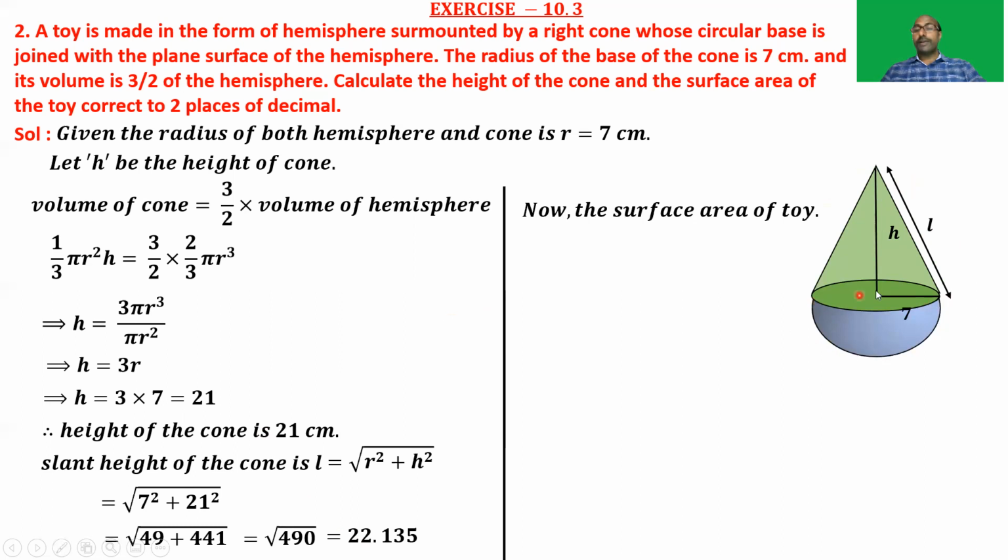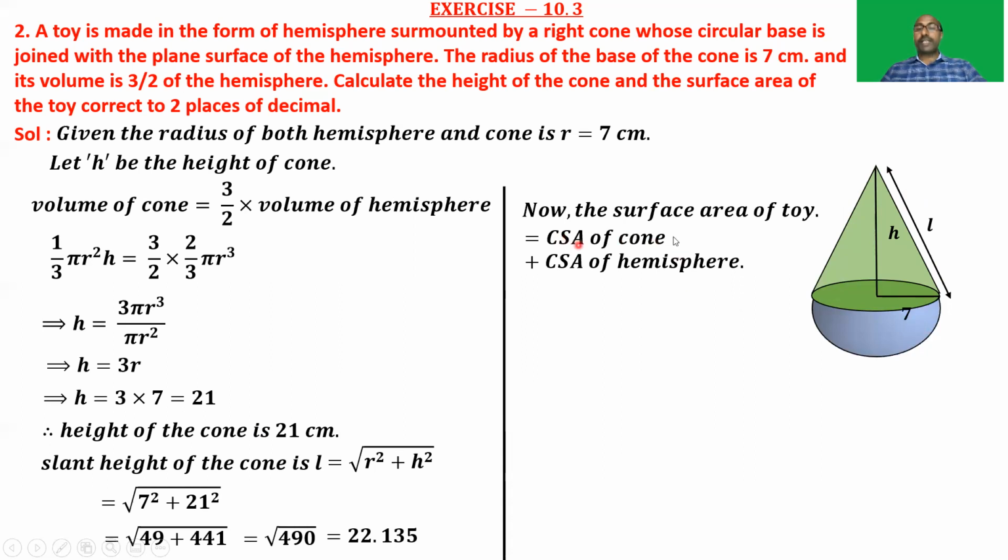So here we cannot see the base of both cone and hemisphere, so we just have to take their curved surface areas, which we can see. So the surface area of toy is curved surface area of cone plus curved surface area of hemisphere.